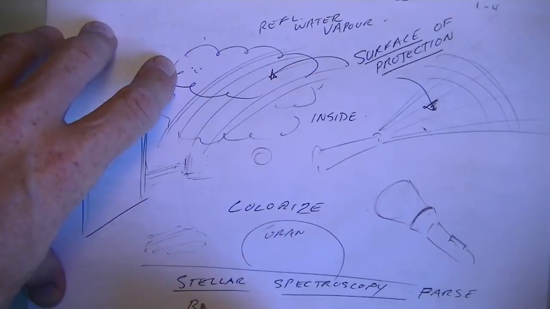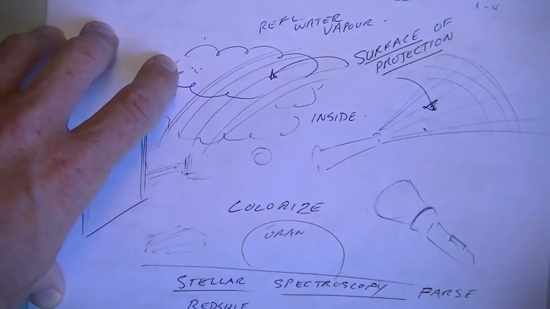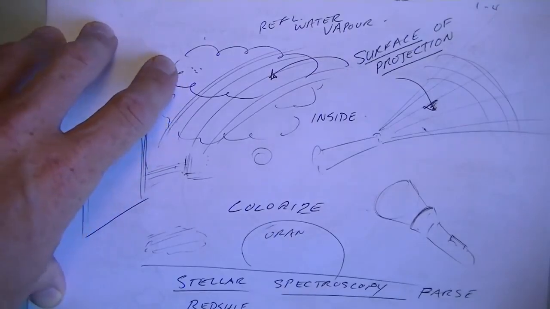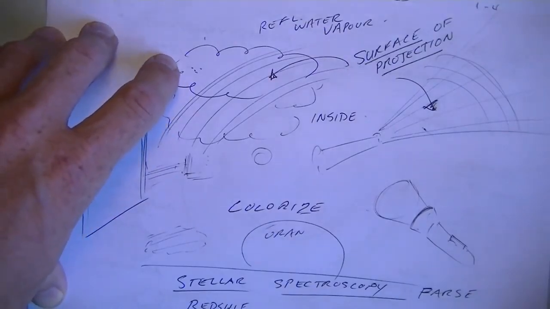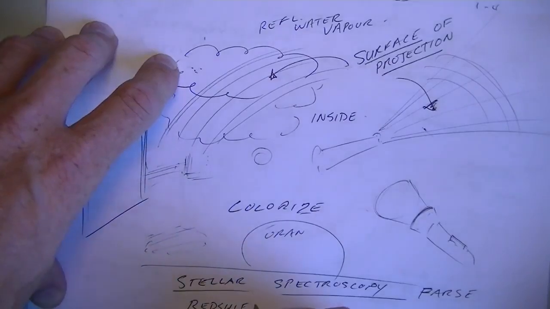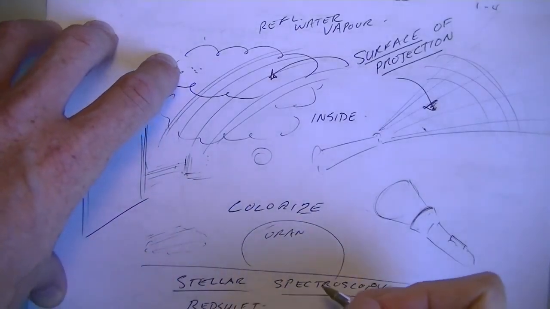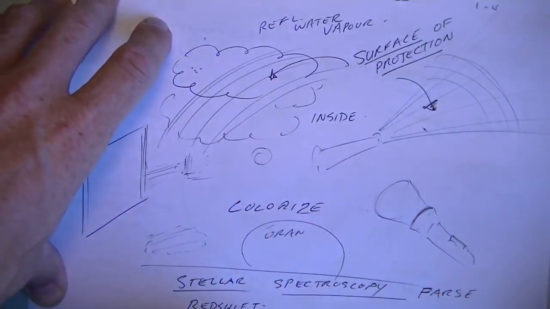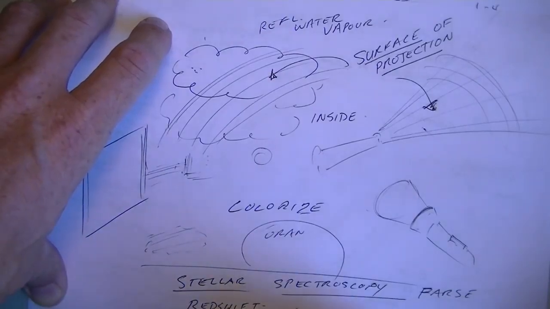So if you see a redshift star, they'll say, okay, it's moving away from us because the red end of the spectrum is a longer wavelength, and it's the Doppler effect, and blah blah blah, baloney, baloney, baloney. That's not true. Even Hubble admitted.